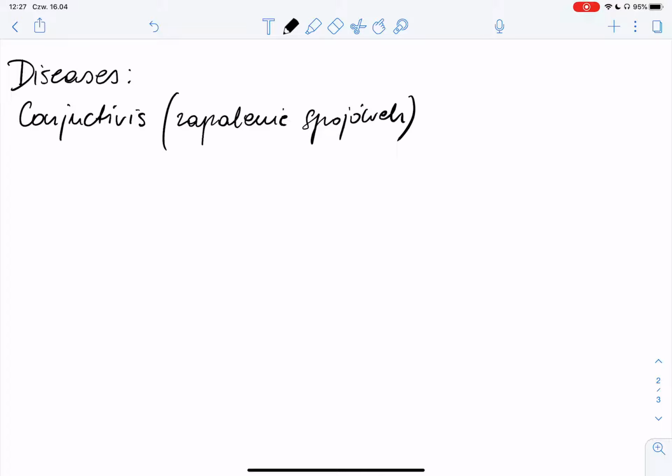Another disease is sty, po polsku jęczmień. It happens when bacteria infects one of the glands that can be found in the eyelid rim. It appears with pain, itch, and a teary eye, and it needs a visit to a doctor.